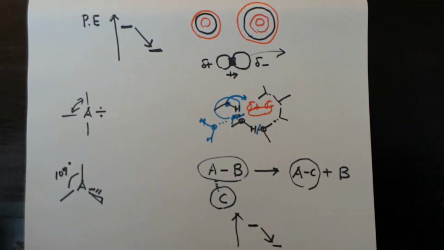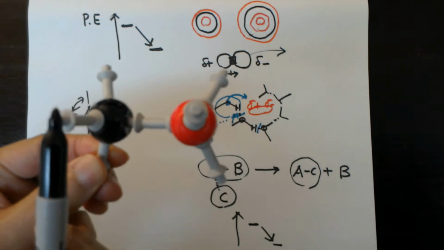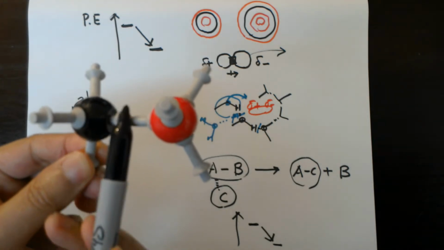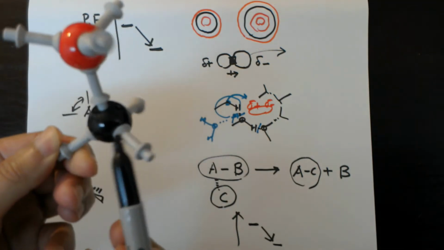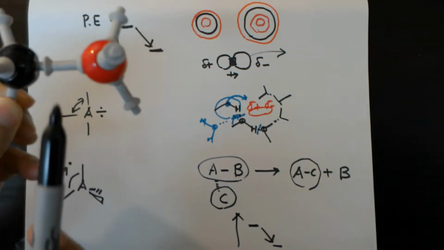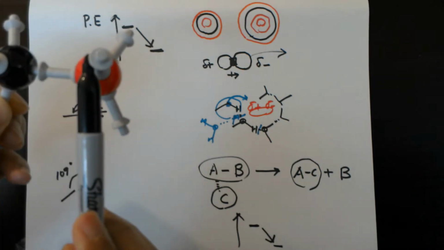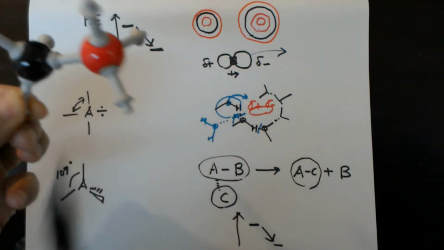Then we went further, saying when you have more than one central atom with multiple bonds, you get this kind of situation where you have to compare not only repulsions between these electrons, but also have to consider repulsions across the atoms, here, and so on.